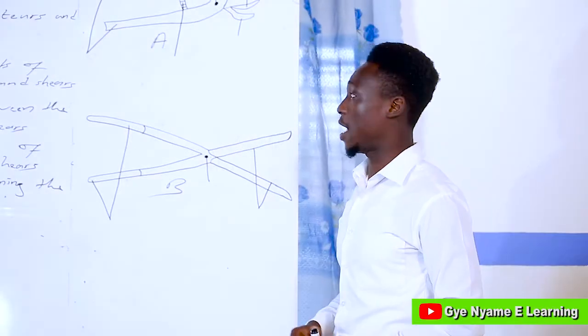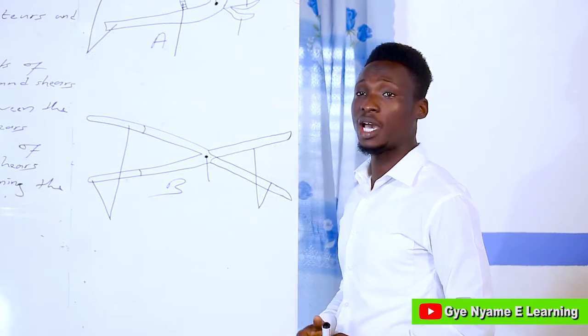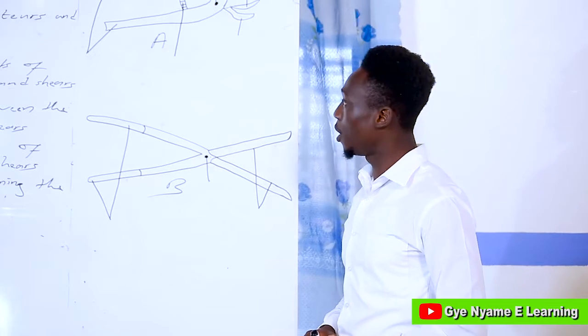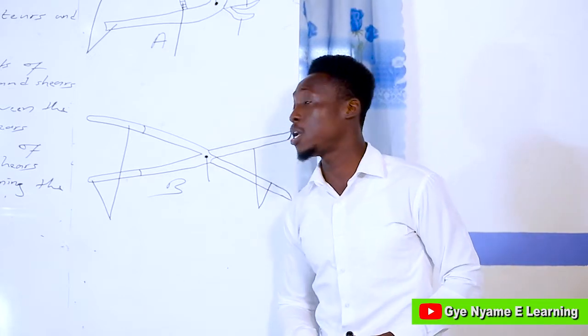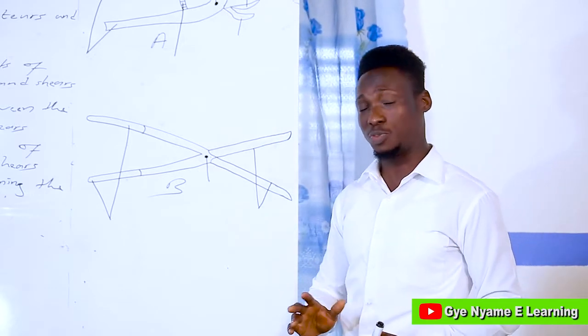For you to be able to identify a secateurs and a shear, you have to be looking out for some special facts or information. In the aspect of a secateurs, you look out for a part like the spring.